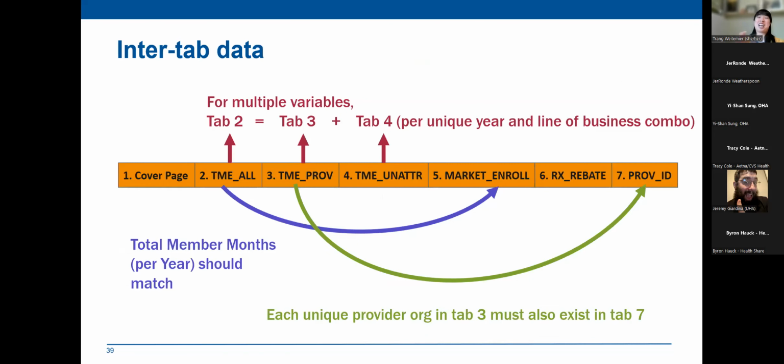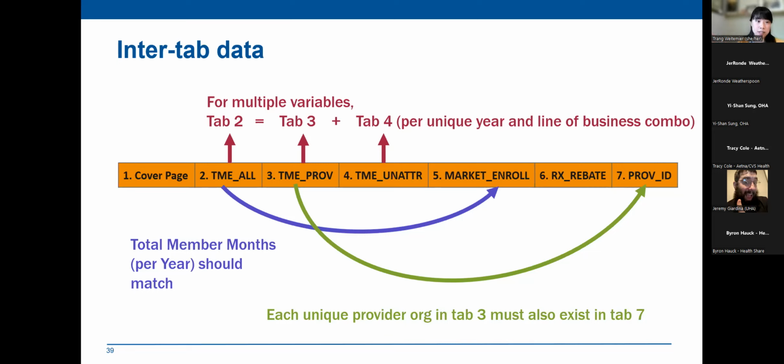So again, just after that Excel overview, you probably have an idea of the linkages between multiple tabs. You can see our 3 TME tabs. We like to say 2 equals 3 plus 4 because the health spending in tab 3 and the health spending in tab 4 should equal the spending in tab 2, which is the TME All tab.